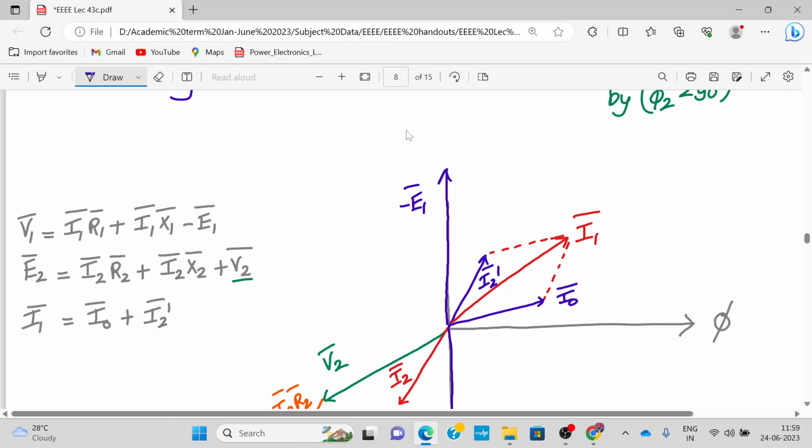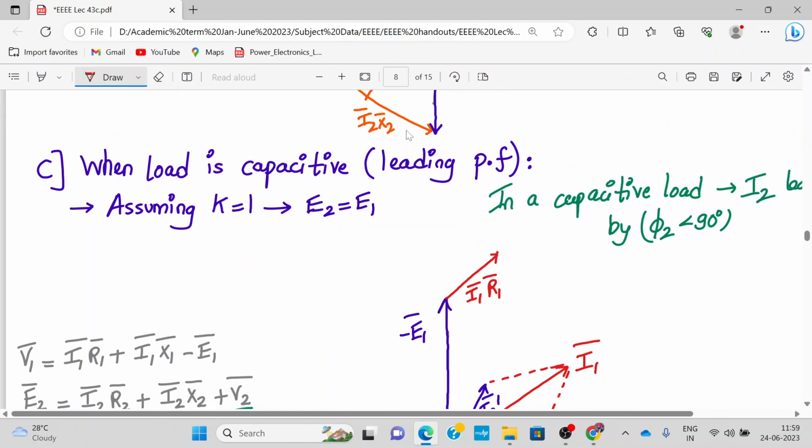So this is I1, and I draw I1 R1 in parallel. Now to this I1 R1, I take a 90-degree line and add I1 X1. So this is 90 degrees and this is I1 X1 bar.